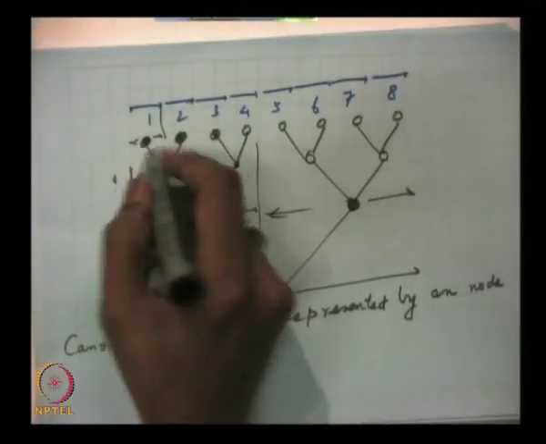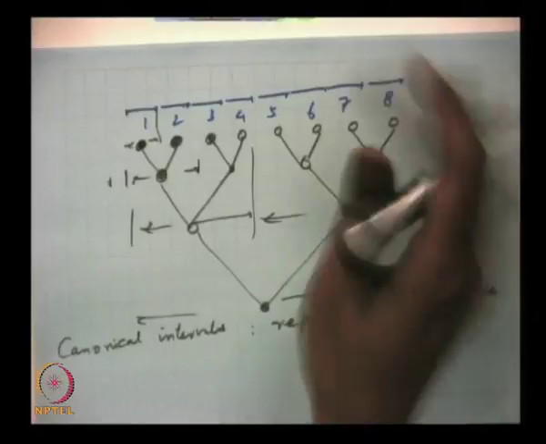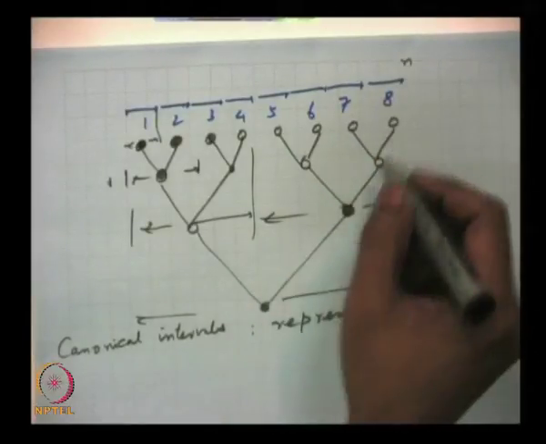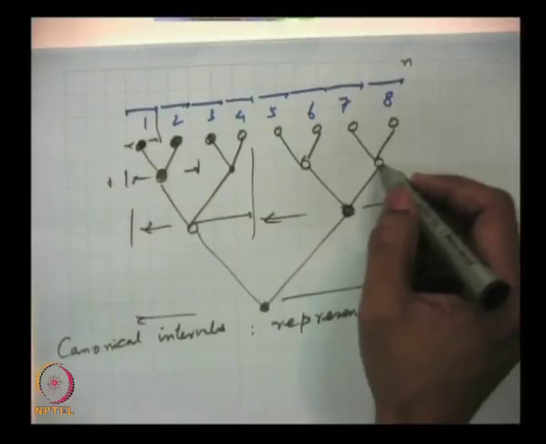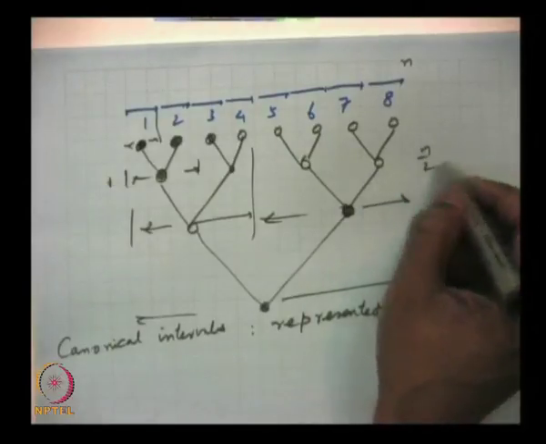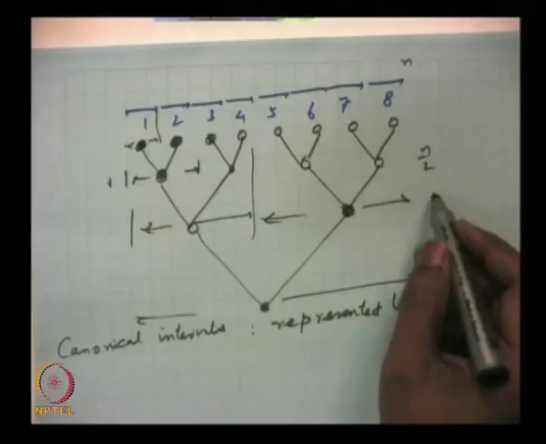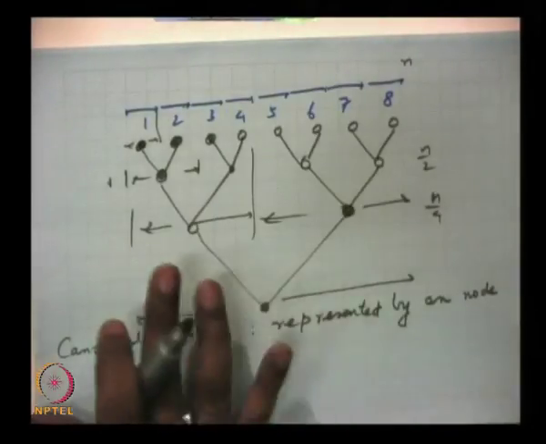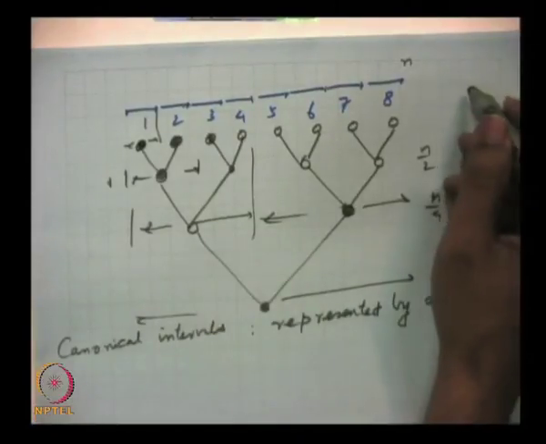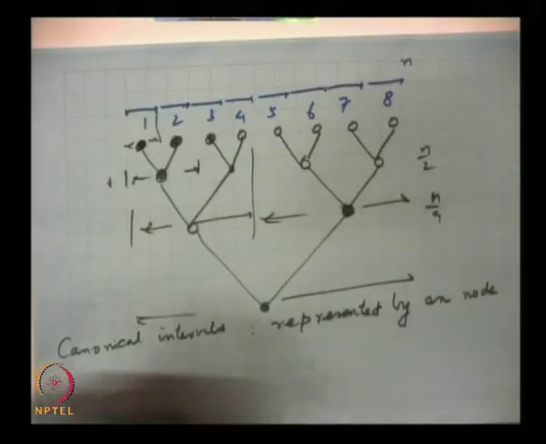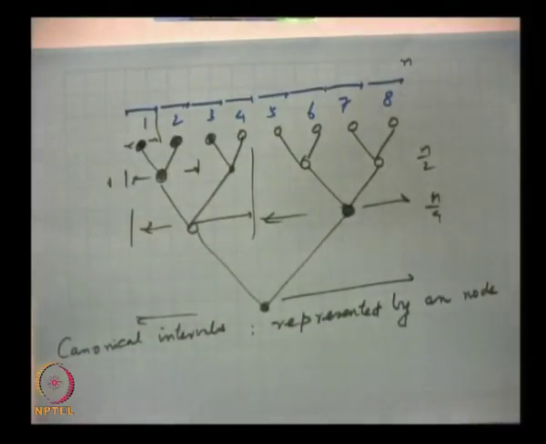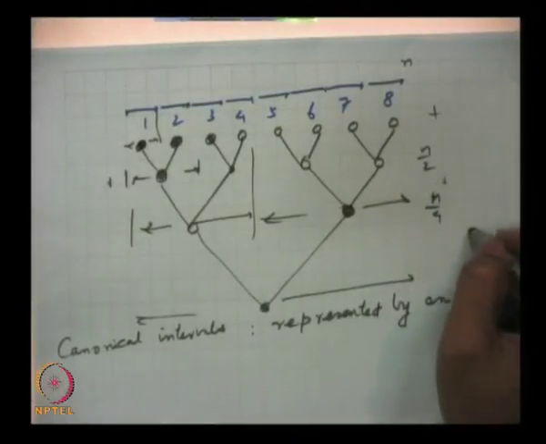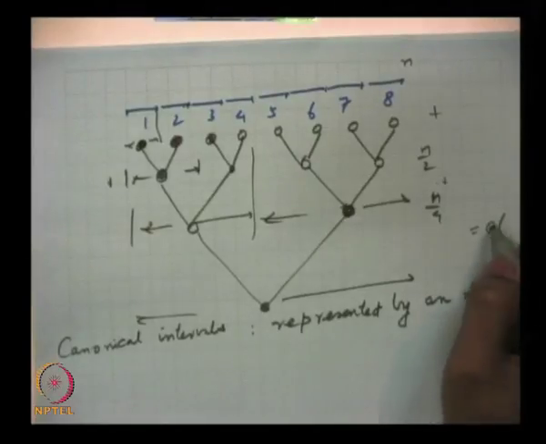The leaf nodes represent n intervals, the ones above the leaves represent n over 2, and there are again n over 4 and so on. So, this tree structure is able to represent only a linear number of intervals. Any node of the tree corresponds to some interval, and the total number of representable intervals is only n plus n over 2 plus n over 4, so some order n, let us say 2n or something.